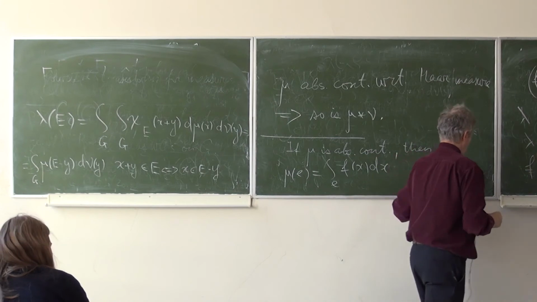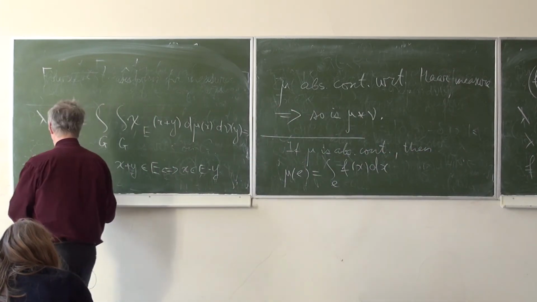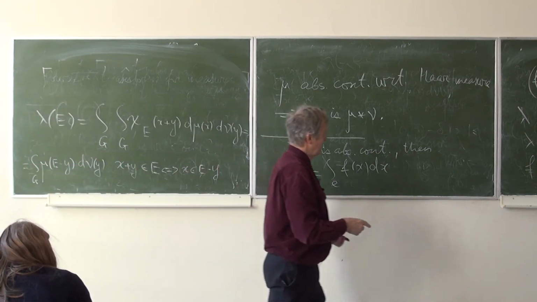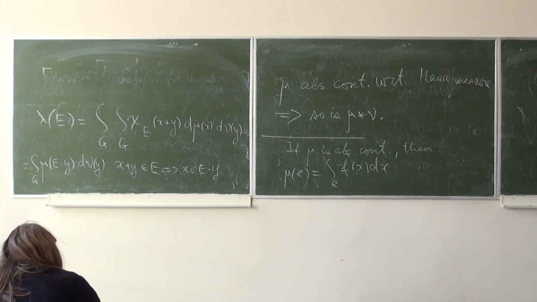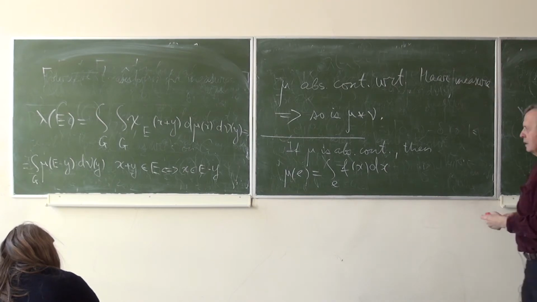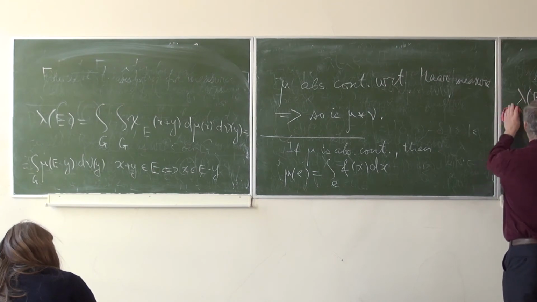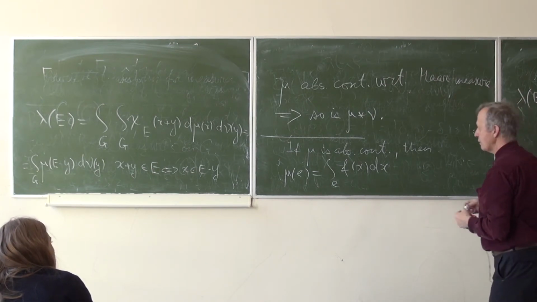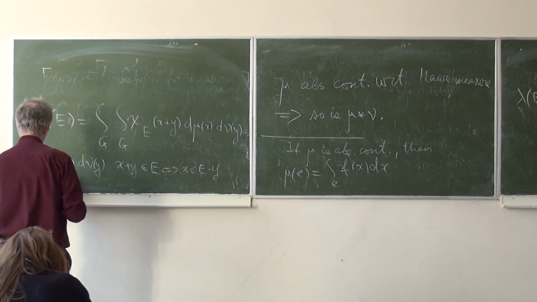And let's write this integral in the case mu has a density. Lambda of E is equal to, well, what?